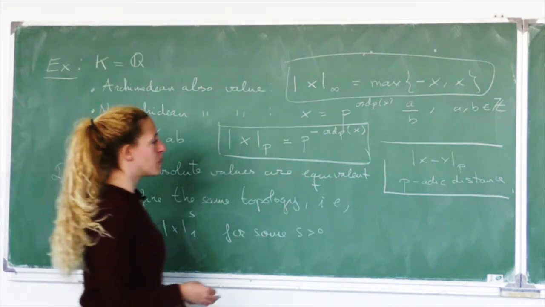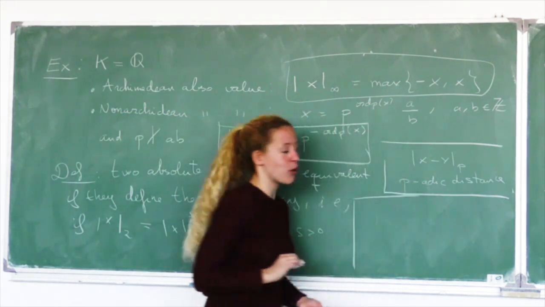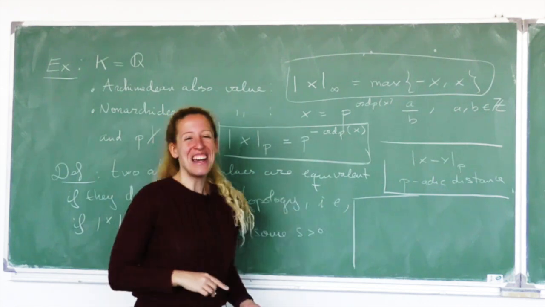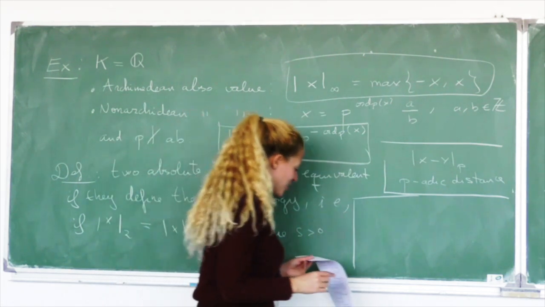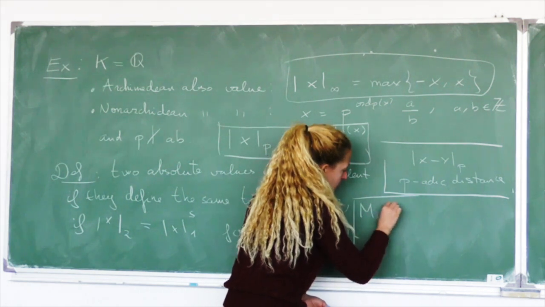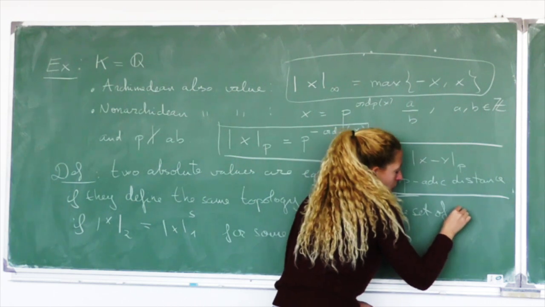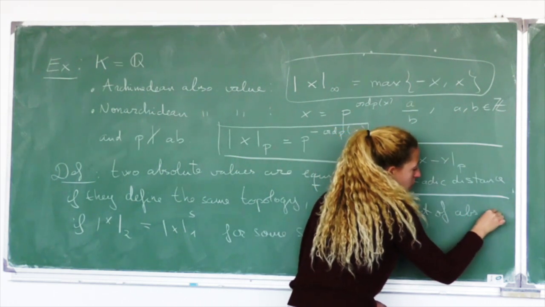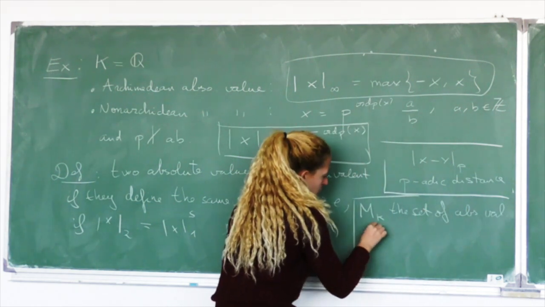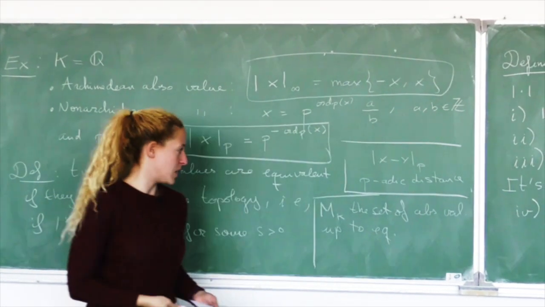So now a little bit more of definition. Because it's a small one, I'm just going to use a small square on the blackboard. We are going to call MK the set of absolute values up to equivalence, with the definition that we just gave.